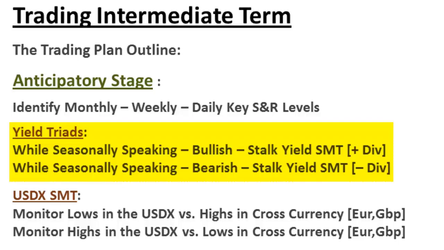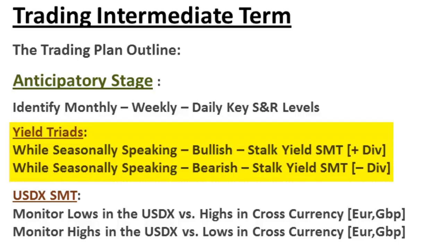If we're seasonally speaking bullish, what we're going to be looking for is the yields, 5-year, 10-year, and 2-year. Between those three interest rate yields, if one fails to make a lower low, that's going to be a positive divergence, indicating there's a possible turn in yields, and that may indicate a possible increase in yields, which would cause a bullishness and a risk on scenario.